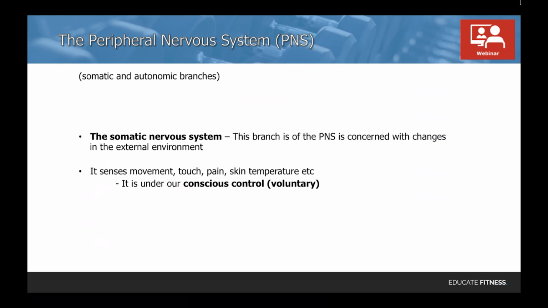It's going to sense movement, touch, pain, skin temperature, and more. This is under our conscious control. Therefore, we are going to provide our own voluntary movements. So the somatic nervous system is under our own control. We're going to provide voluntary movements.